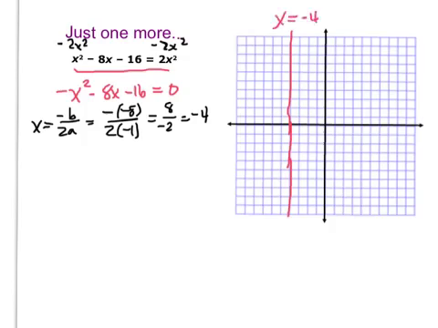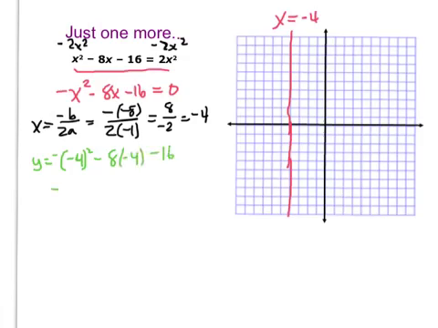Next, I need to find my vertex. I know my x, which is negative 4. So I go back to my original equation and say y equals negative 4 squared minus 8 times negative 4 minus 16.